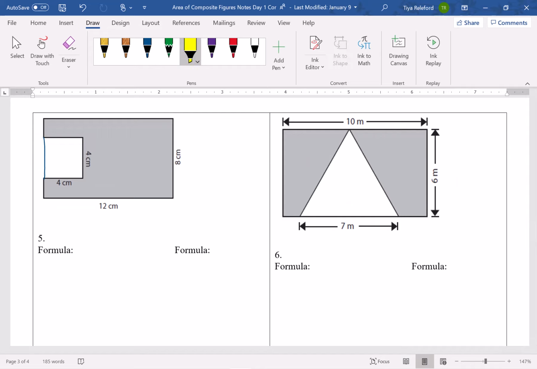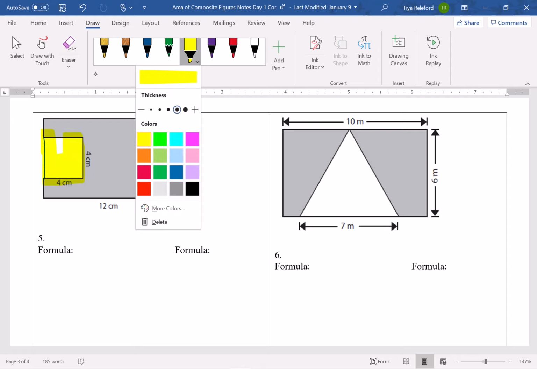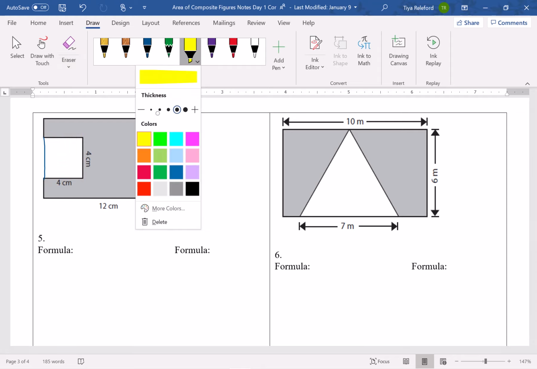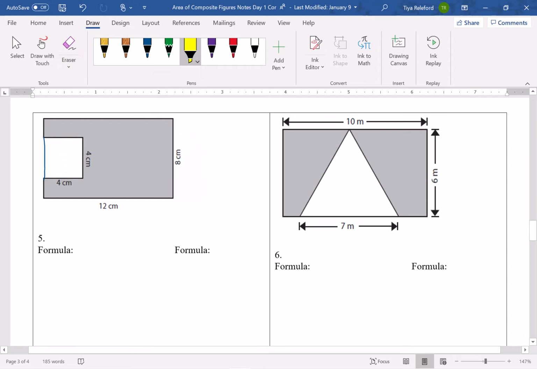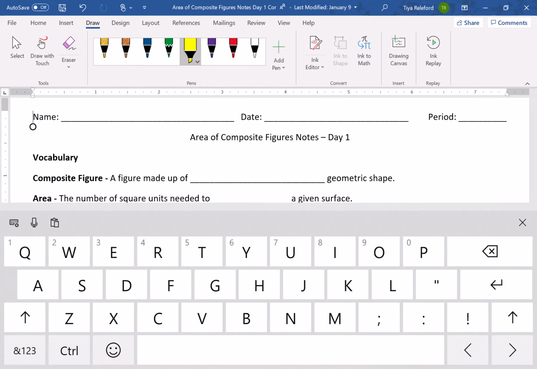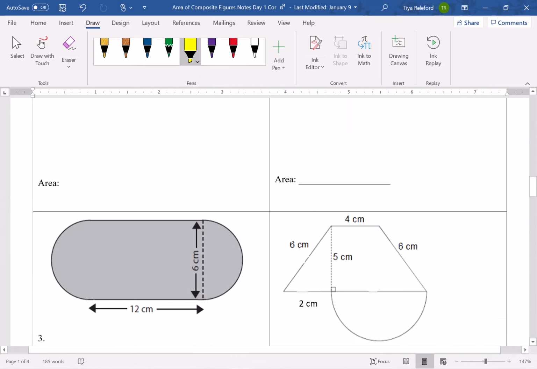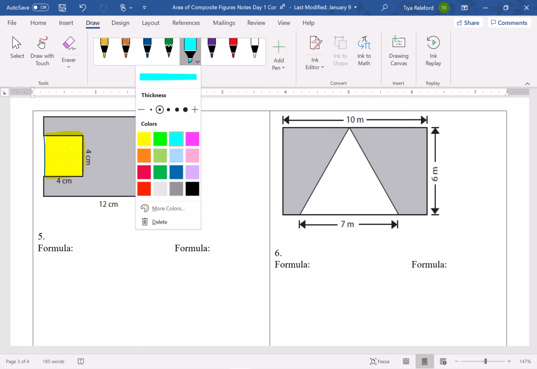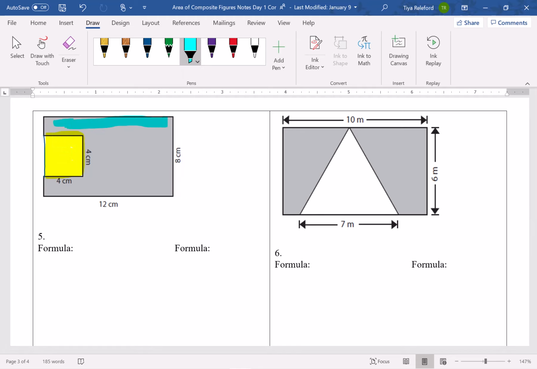So what you end up with is this white square here, and then you have this gray area around, and what we want is the gray area.